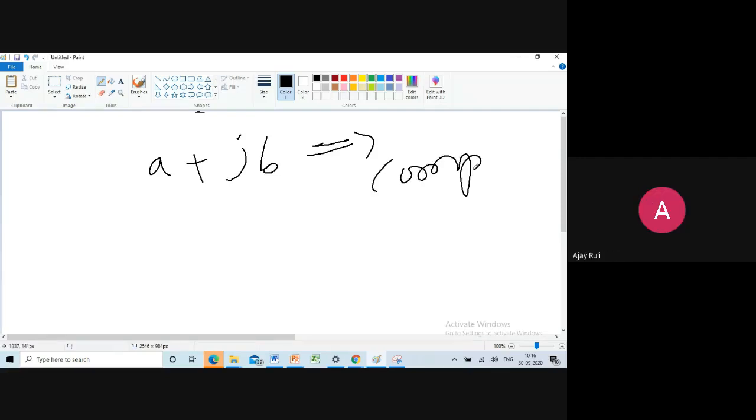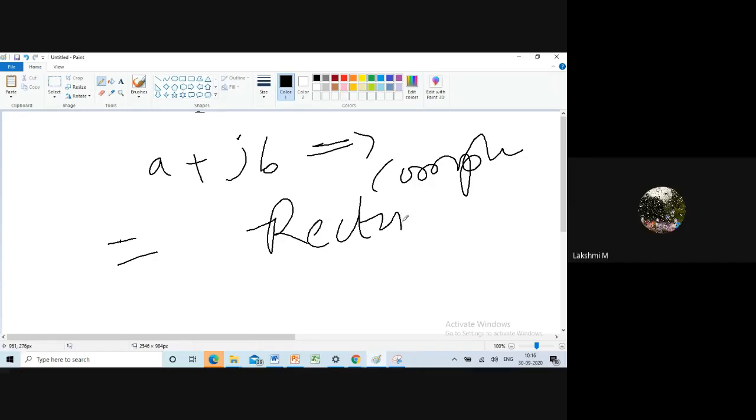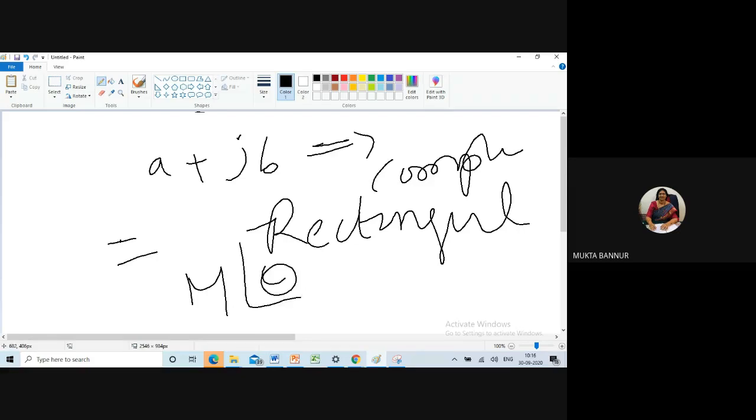Yes, it has a magnitude and direction. This A, ma'am, is known as rectangular form. If I write in this fashion, what is it called? Polar form.